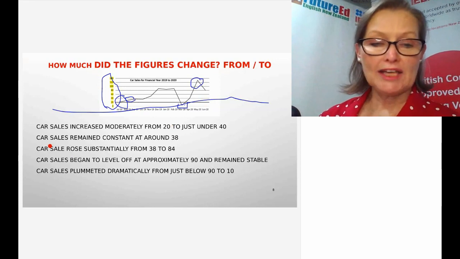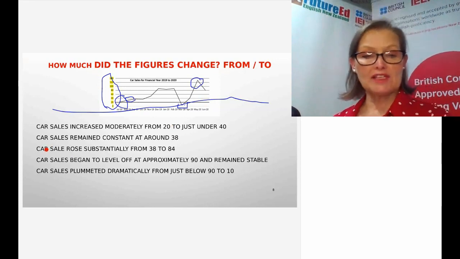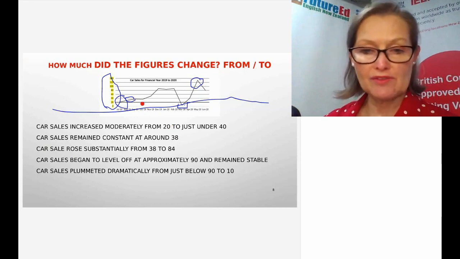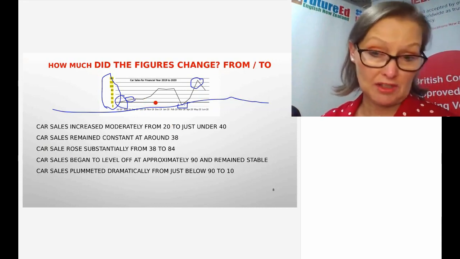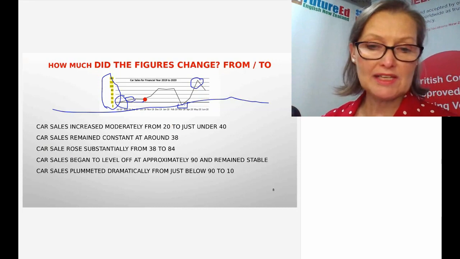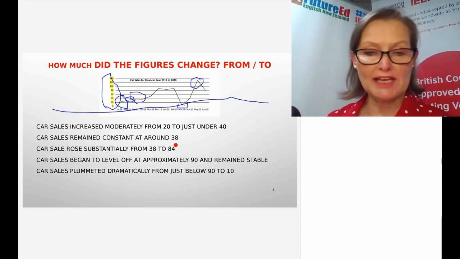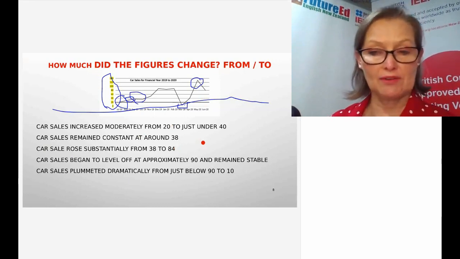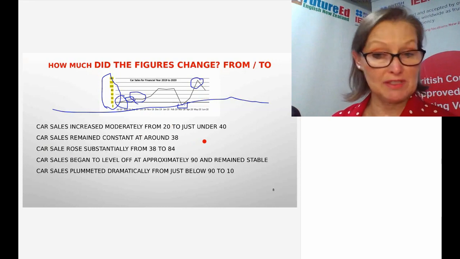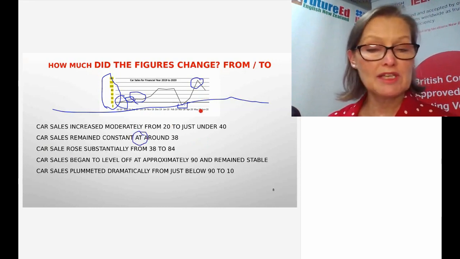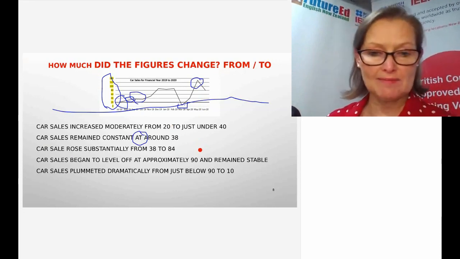And I can also say, next, what happened was car sales remained constant at around 38, which of course is just under 40, isn't it? So in the next section, I'm going to be pretty straight there, not a lot of change. So my sales remained constant at around 38. And again, notice that preposition. These prepositions are really important. You want to get them accurate, especially if you want that 7.